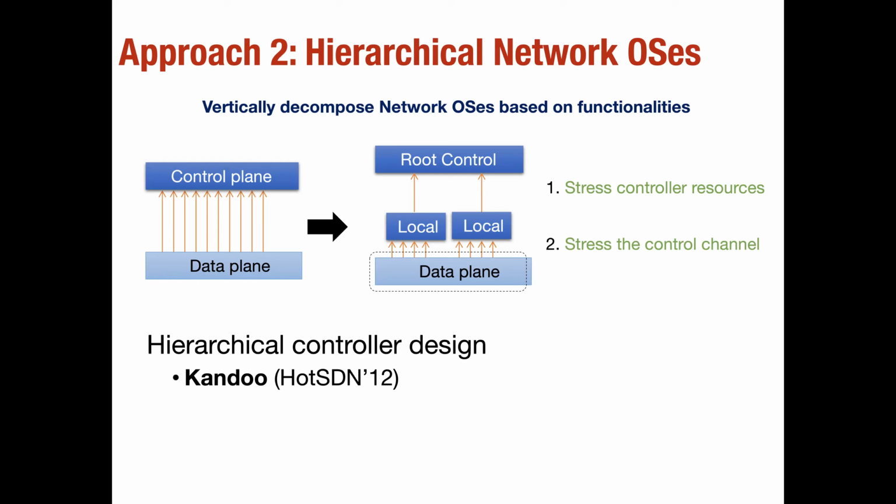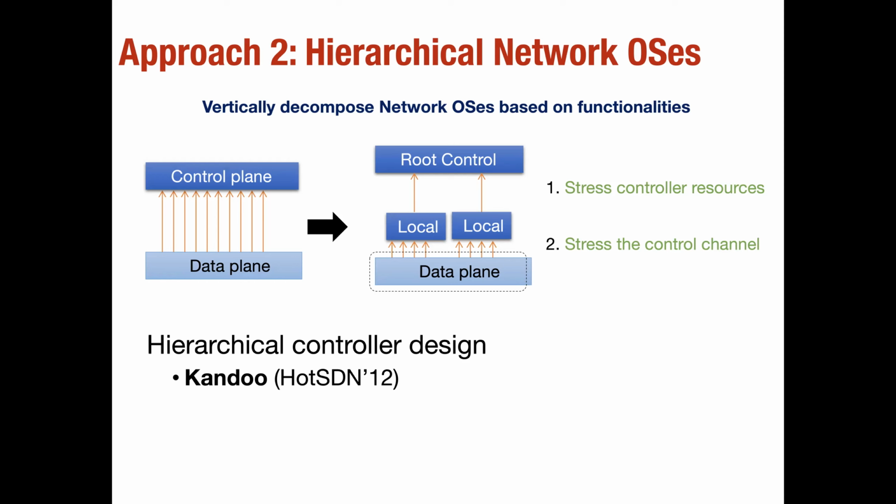And there was a research artifact called Kandu, which was basically implementing this set of ideas. It had a lot of challenges which made it not really realizable in practice, but it was a good academic exercise to explore the design space and think about what if we have this hierarchical abstraction for network operating systems.